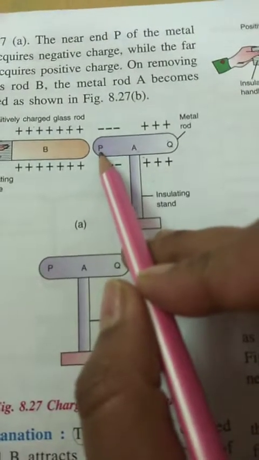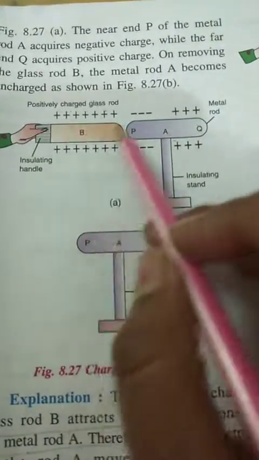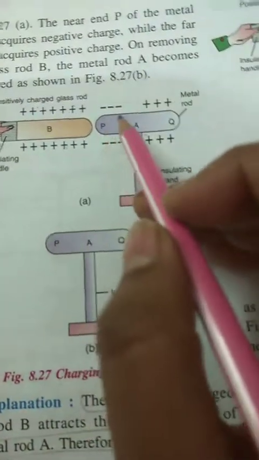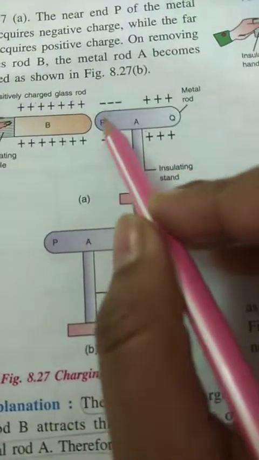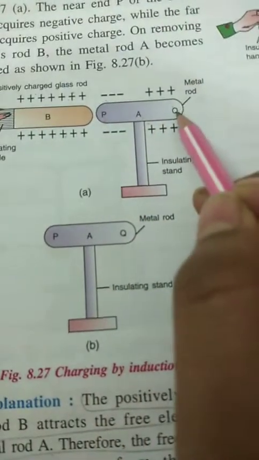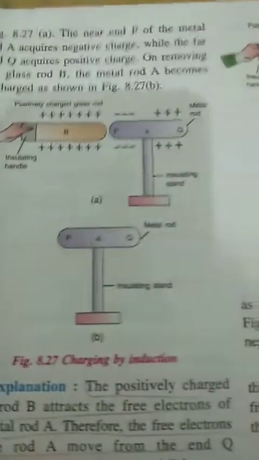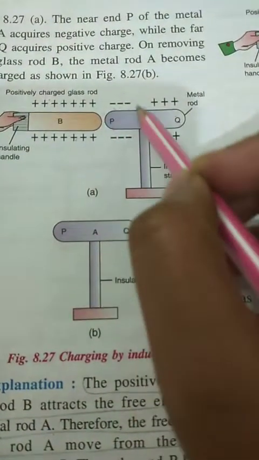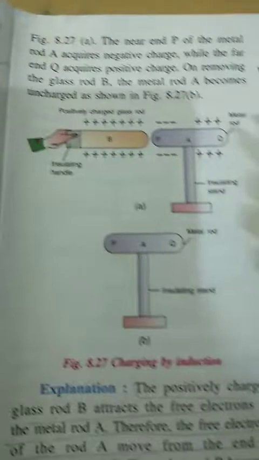What charges will be acquired if you bring a negatively charged body? If you bring an ebonite rod, you will see positive charges will be acquired at point P and negative charges at point Q. That is, opposite charges will be acquired here.